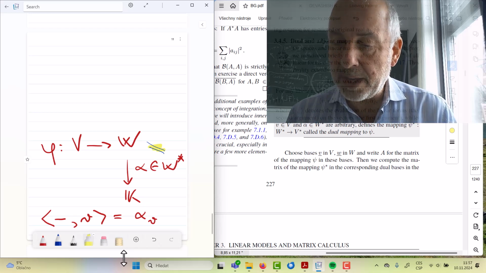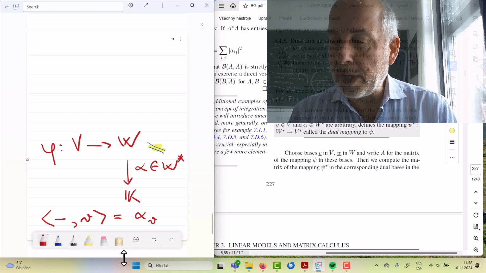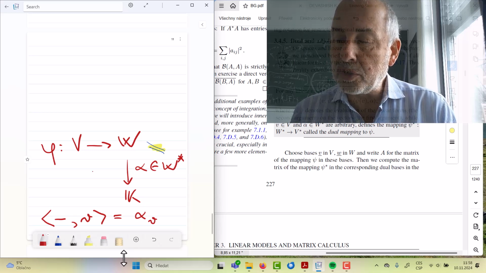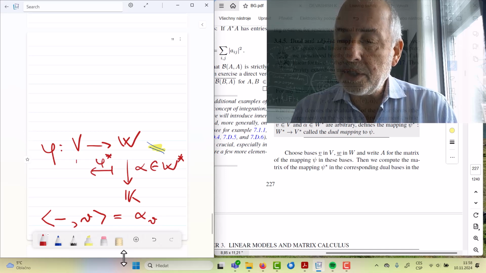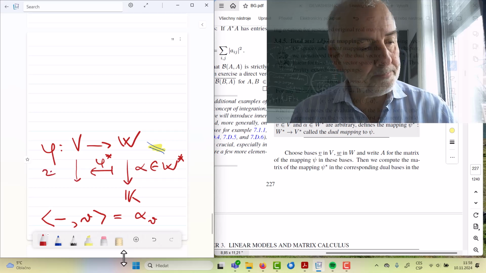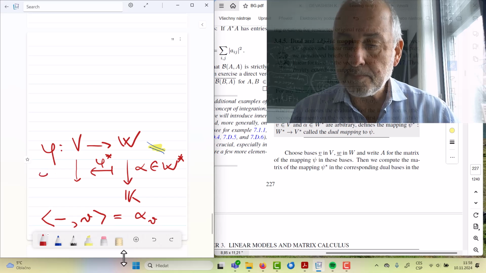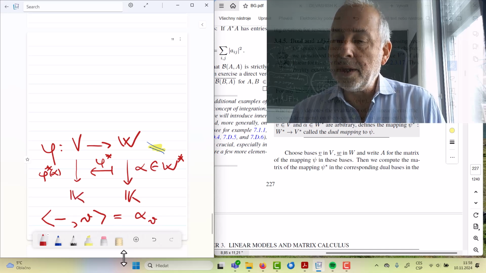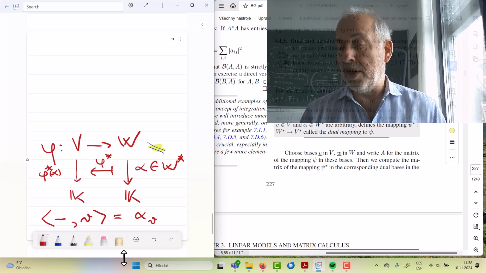We always can look at this, and if the phi goes this way, then of course there will be the phi star going the other way, which gives us phi star of alpha, and goes also to the scalars. It's very easy to know how to evaluate it, right?